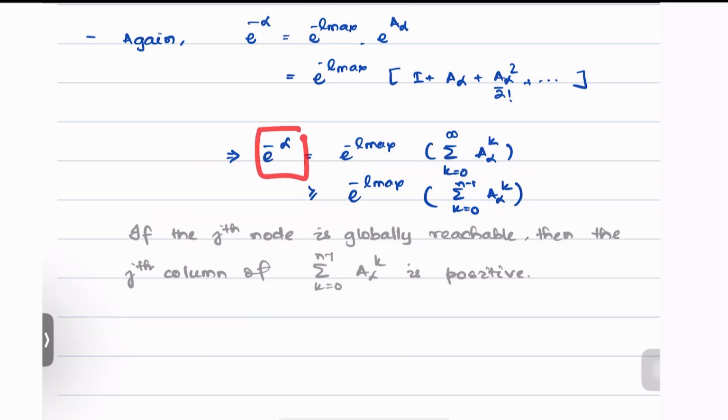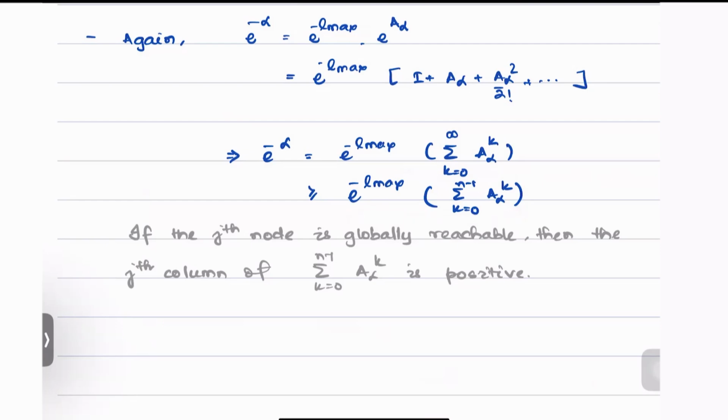Since e to the power minus L is greater than or equal to this, what can we now say? Notice here that all of the entries of e raised to the power minus L_max are positive. Hence, by multiplying e raised to the power minus L_max to this summation, it cannot make any of the positive entries equal to 0. Hence, whatever entries are positive remain positive.